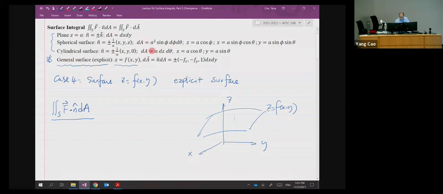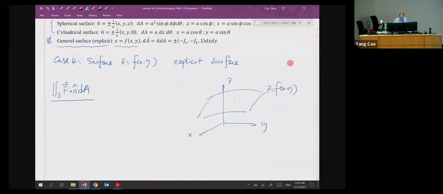All of the dAs are expressed in two variables, within either cylindrical coordinates, spherical coordinates, or Cartesian coordinates. So for all the other three, the approach is to find the n hat, find the dA, substitute into this formula, and calculate the double integral at the end. Now, case 4 is slightly different.